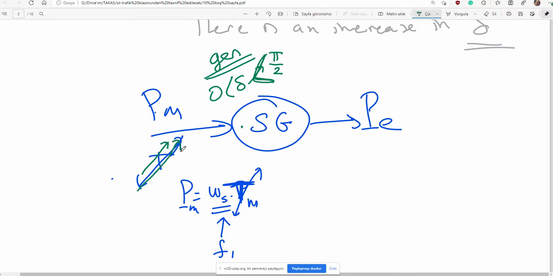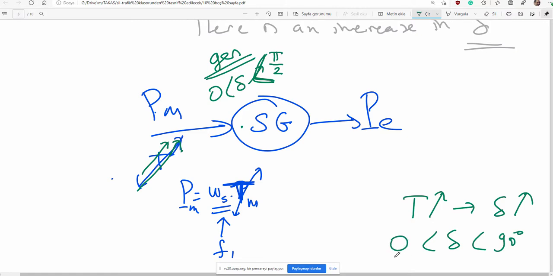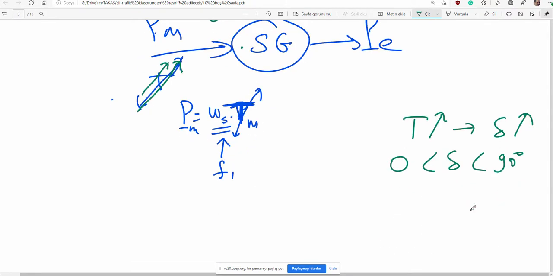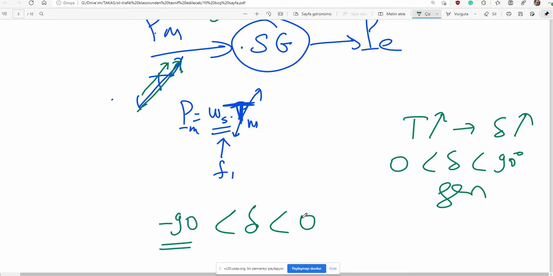Applied torque results in increased delta, and delta must be less than 90 degrees and over 0 degrees in generator operation. In motor operation, delta is negative, and it must be larger than minus 90 and less than 0.